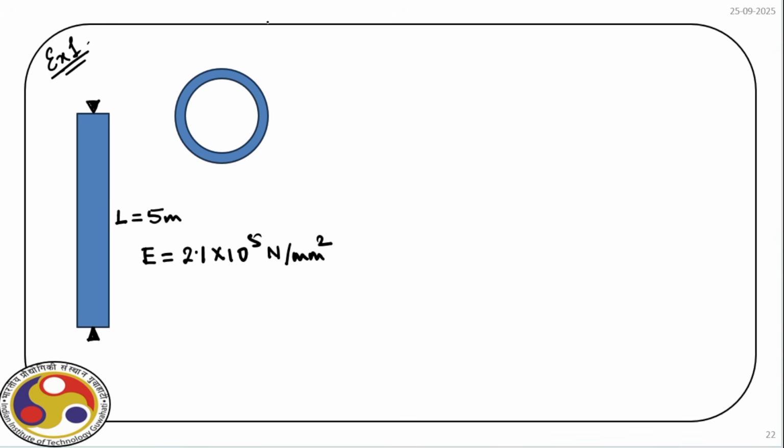Now the outer diameter, capital D, is 35 millimeter. And the wall thickness T is 5 millimeter. Our task is to find the P critical for this column.